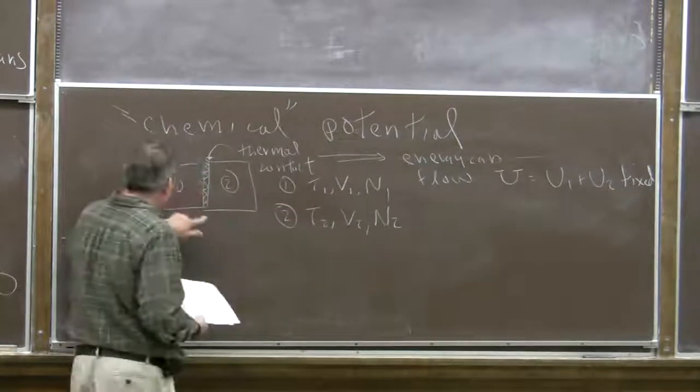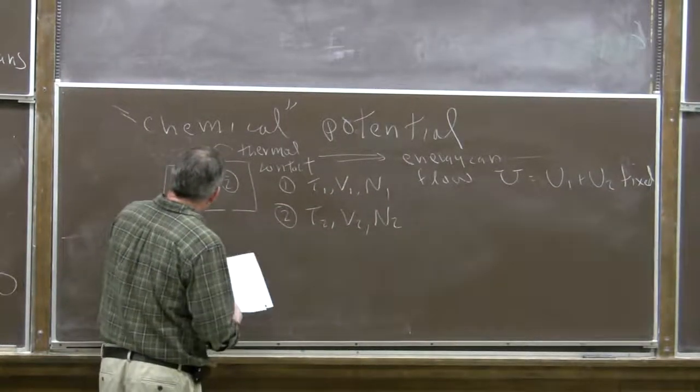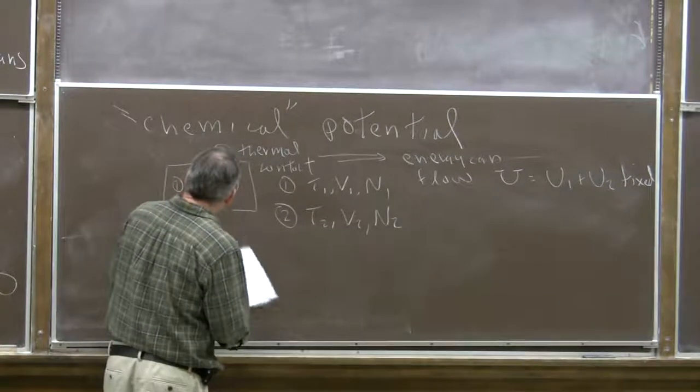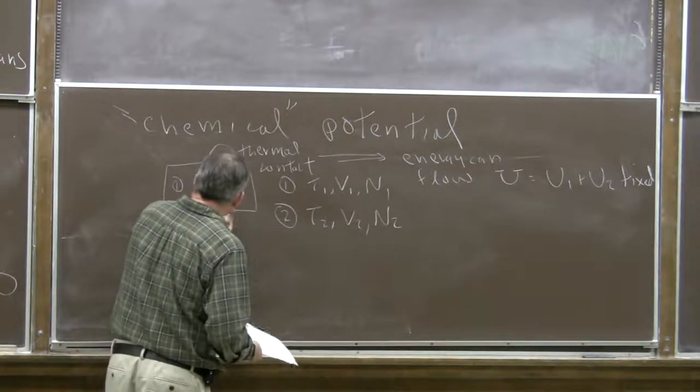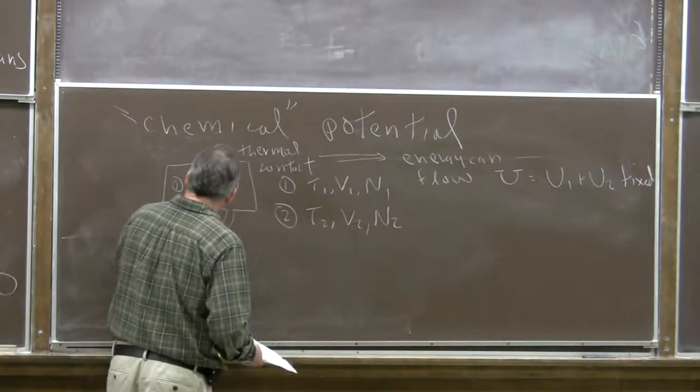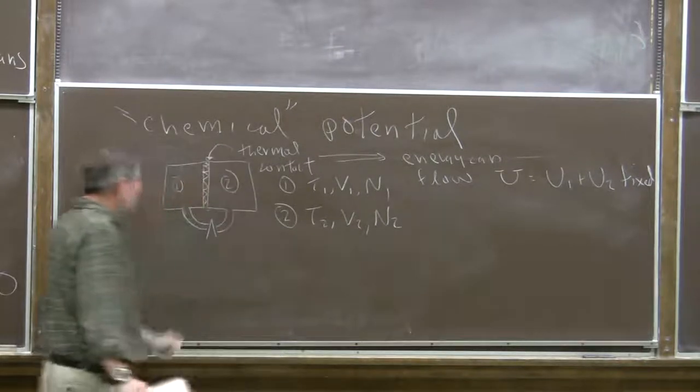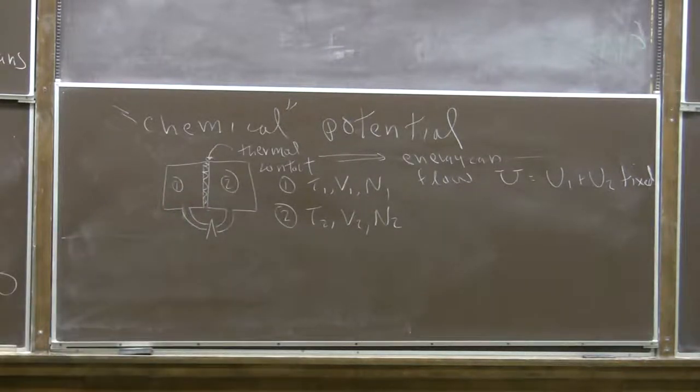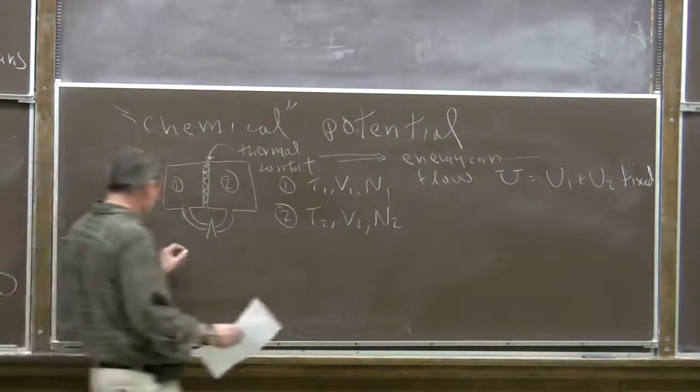And now I'm going to connect the two systems together in another way. I'm going to allow particles to pass from system 1 to system 2. I will establish what I will call a diffusive contact.